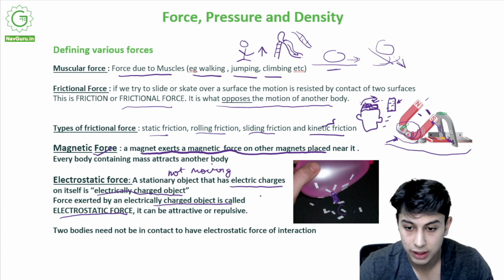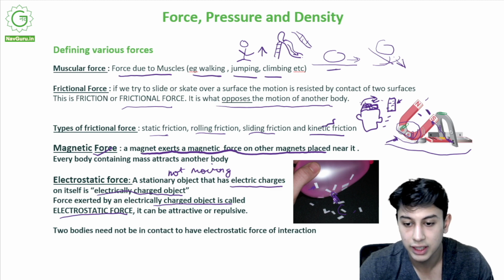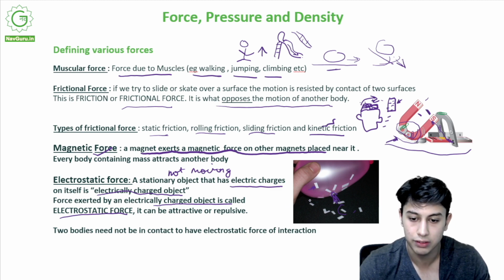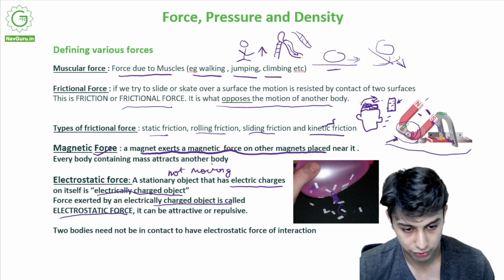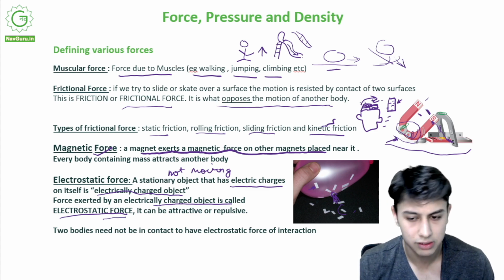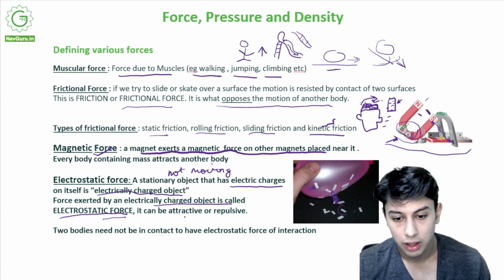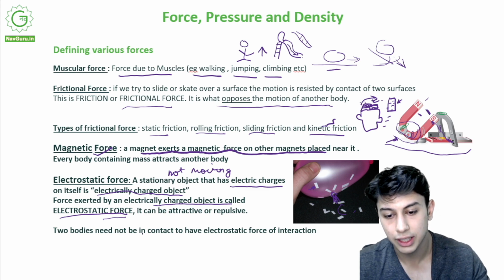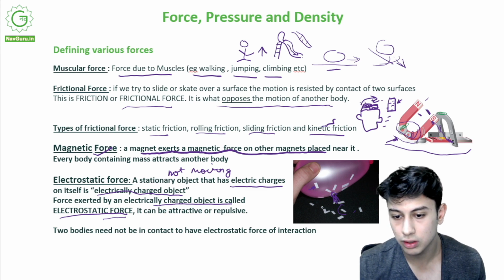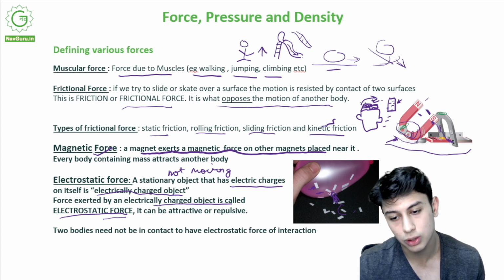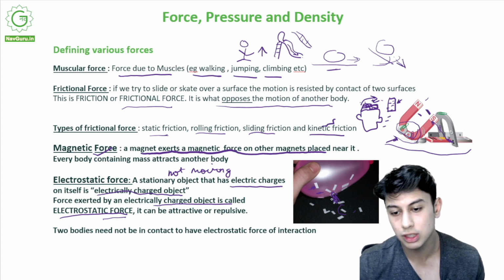The force exerted by this balloon which had electric charge is an attractive force. It's pulling the bits of paper towards itself. So this attractive force is electrostatic force. It can be repulsive in nature as well. Two bodies need not be in contact to have an electrostatic force of interaction. You see, I did not touch the balloon to the bits of paper. It was already in close quarters but not in contact.